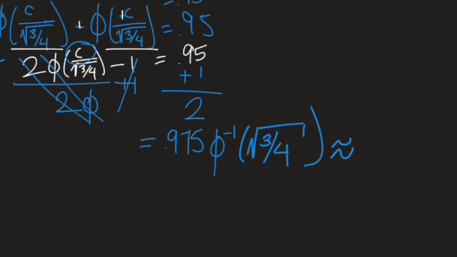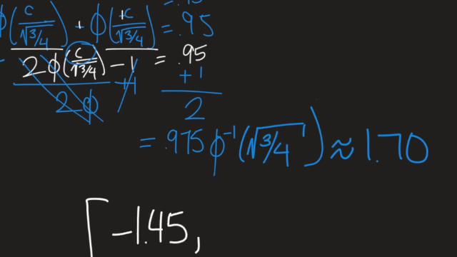So I get about 1.70, and this would be my c. Therefore, my interval, we said, was 1/4 minus c. So 1/4 minus about 1.7 is about -1.45, and my b was 1/4 plus about 1.7, which would be about 1.95. And this would be my Bayesian credible interval for x.